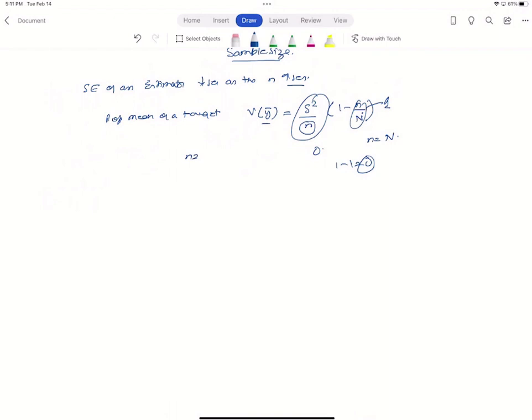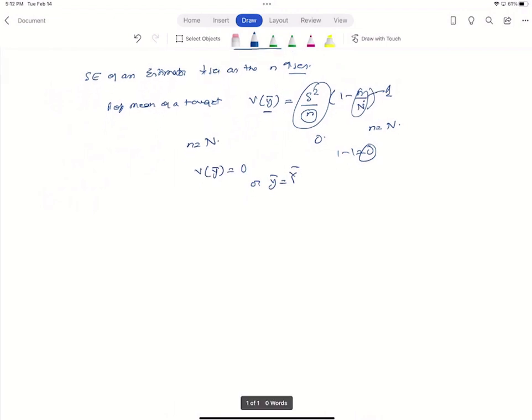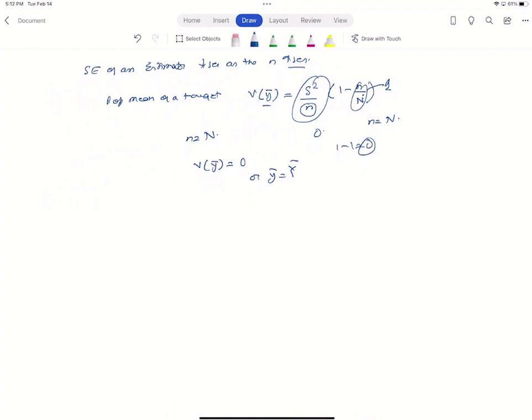So when n is equal to capital N, the variance of y bar becomes 0, or y bar becomes equal to Y. That is why when you have a very large sample, the variance becomes less and less. But we can't always do n equal to N because of resource limitations.